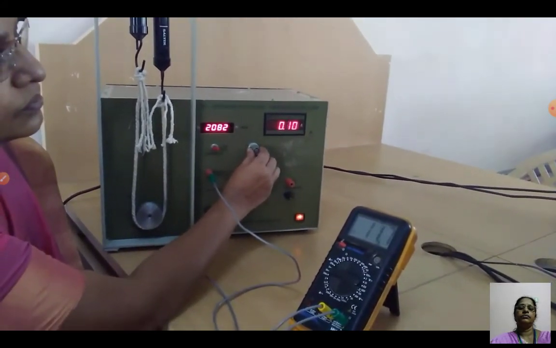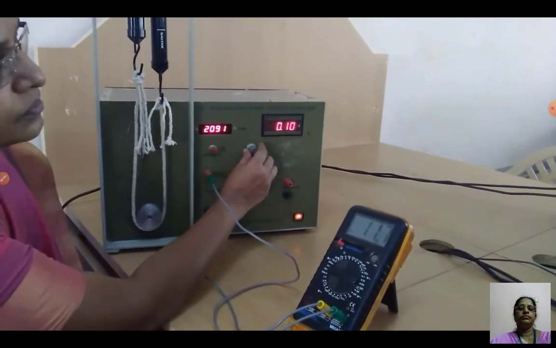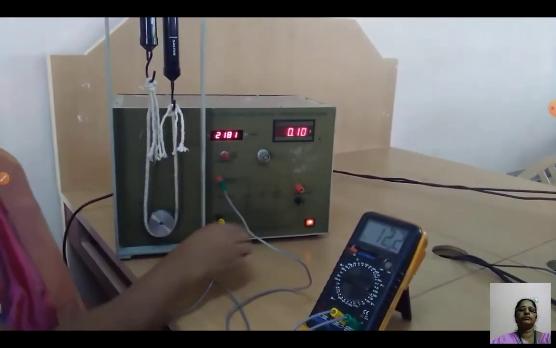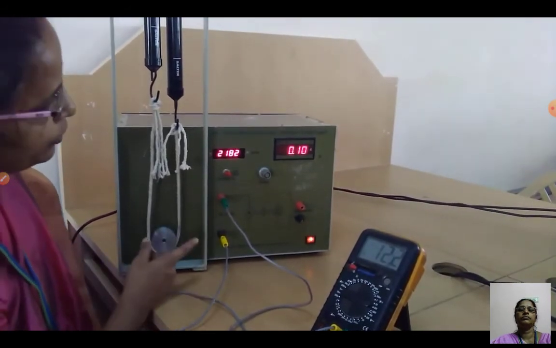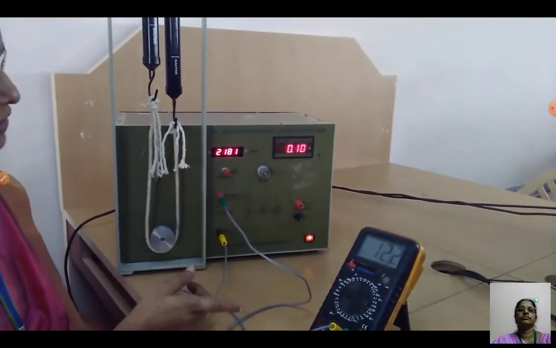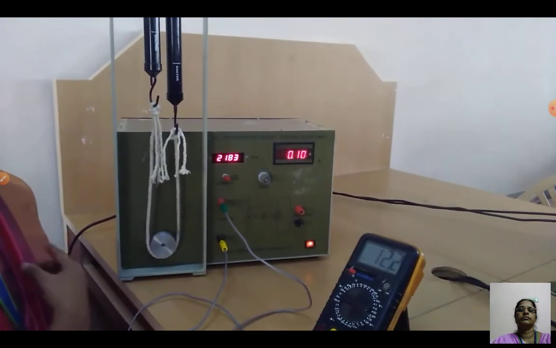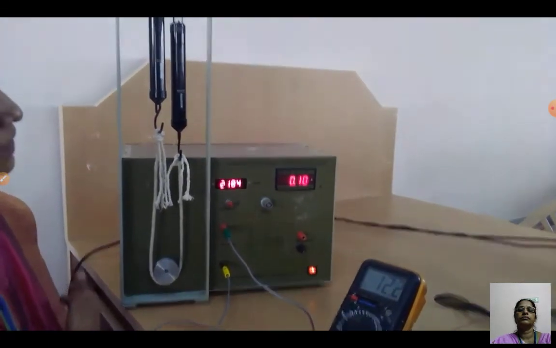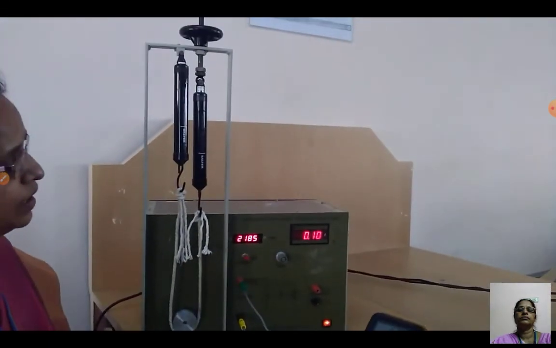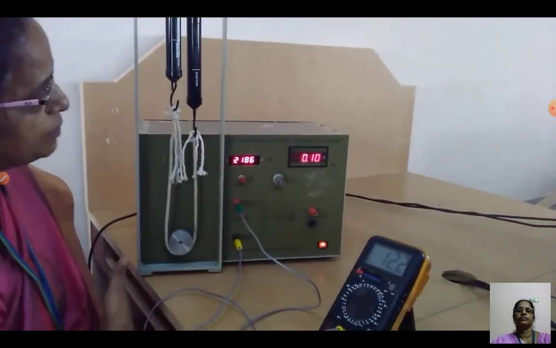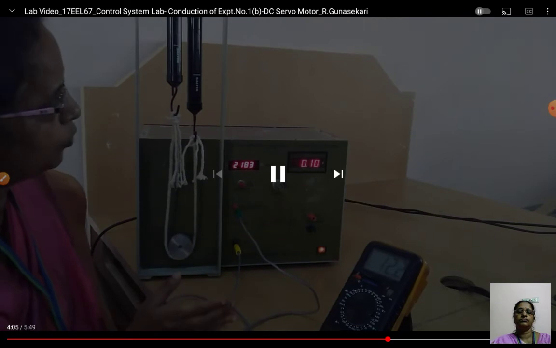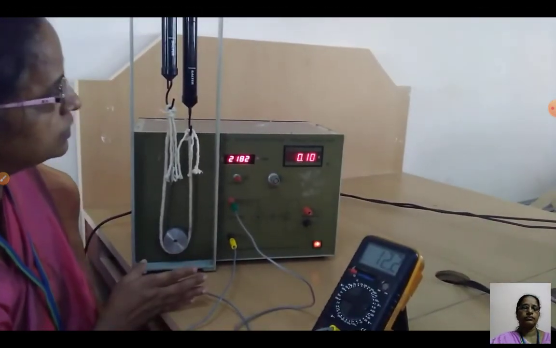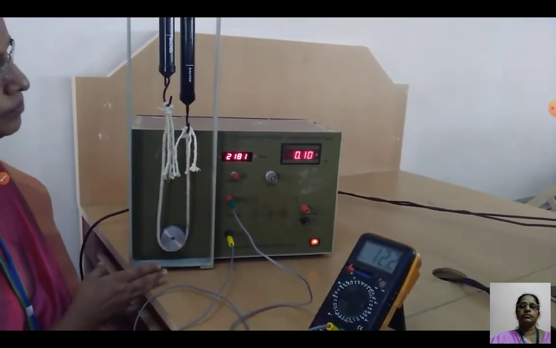Note down the speed and voltage of the servo motor. Again repeat the step. That means you can vary the load step by step, note down the corresponding speed and voltmeter reading, and then tabulate them.